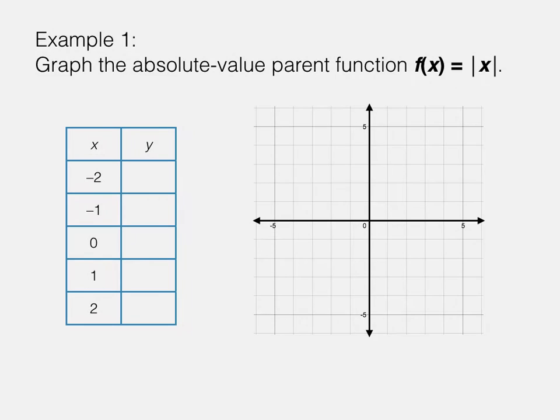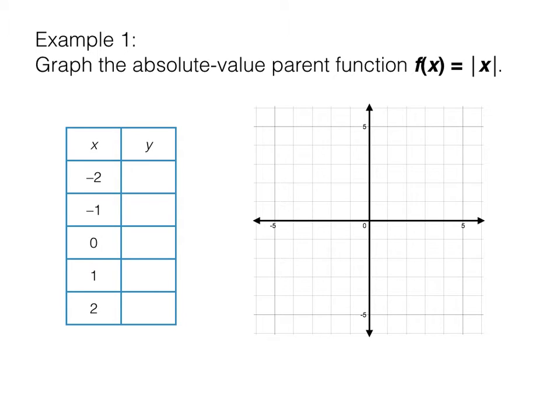The first example says graph the absolute value parent function f of x equals the absolute value of x. Notice we started with a table of values that center around 0 in the x column. So those x values are our domain or our input. We want to input each x into the function.